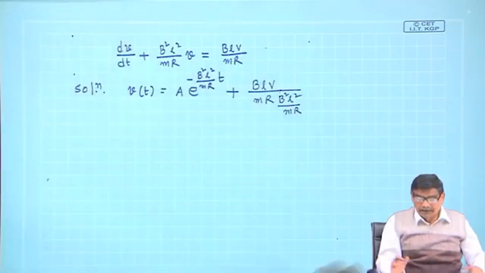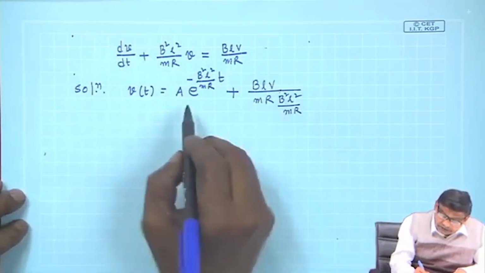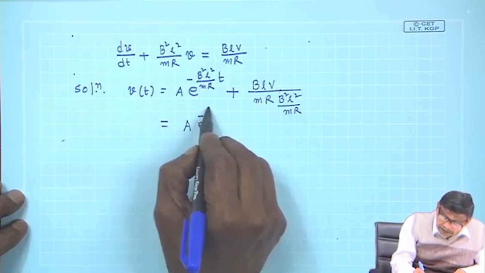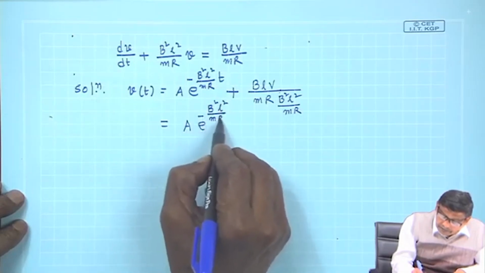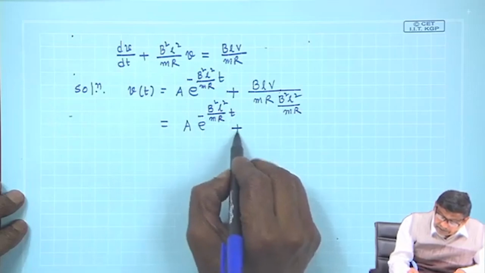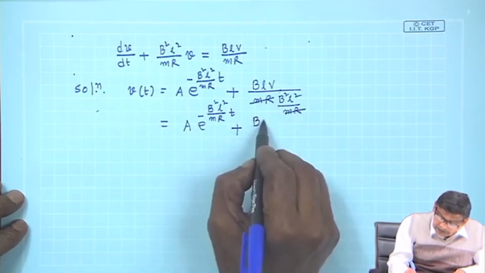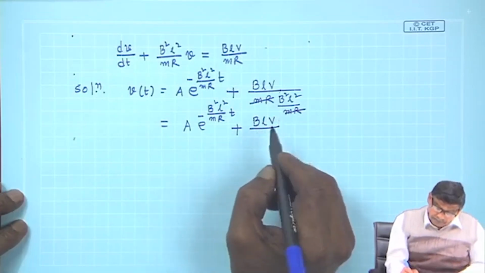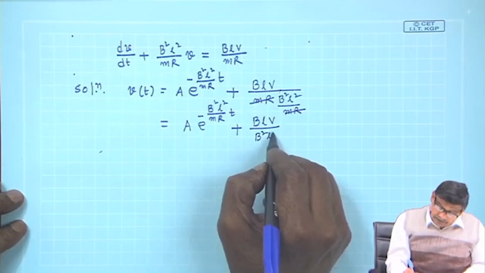You can also apply Laplace transformation, whatever way you solve it. So, this will be equal to a into e to the power minus b square L square by m r into t plus this m r goes, it is equal to b L V by b square L square.